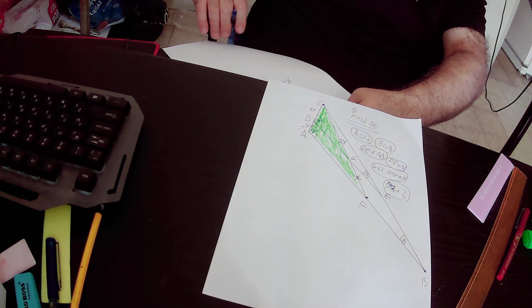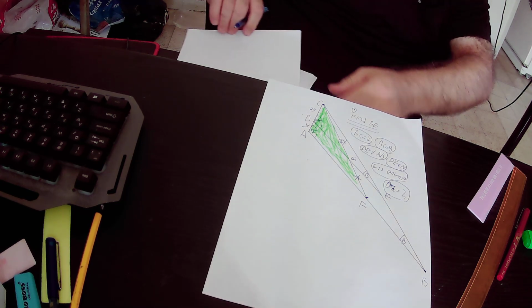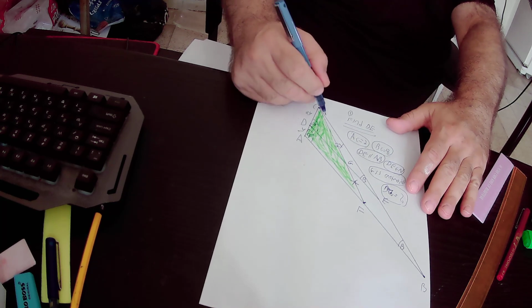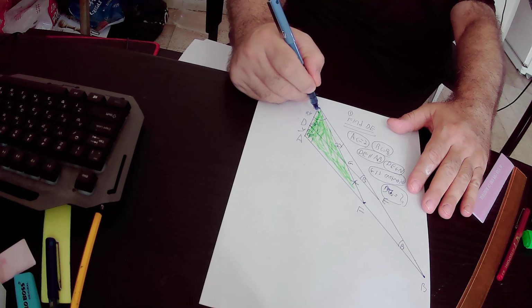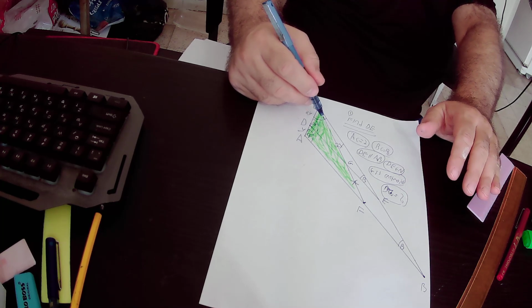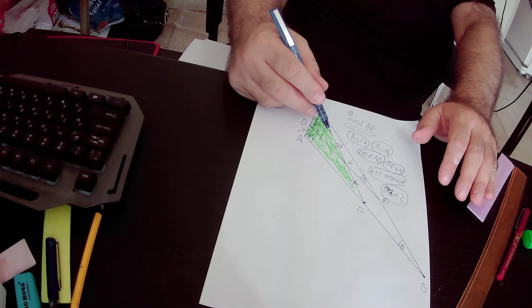And we also know that angle C is a common angle. It belongs to both triangles, triangle ABC and triangle CDE.